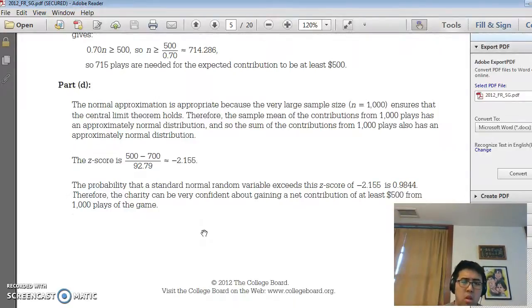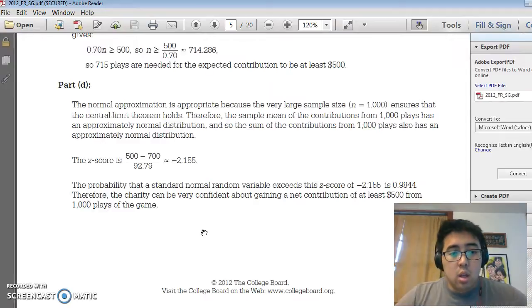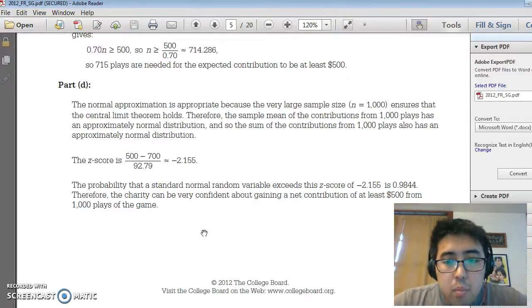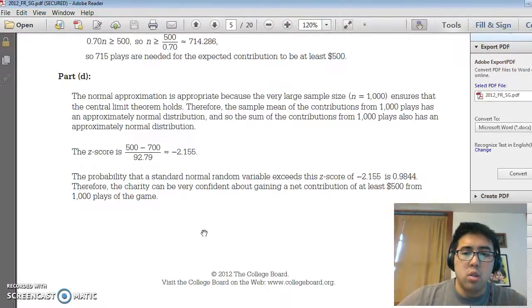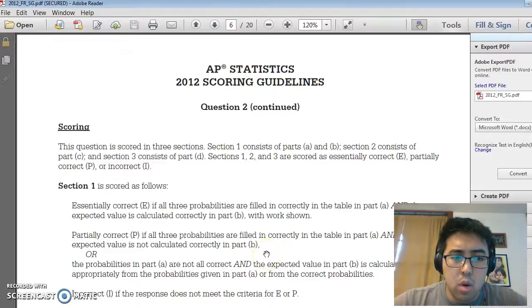Our probability is 0.9844. Okay, so shouldn't be that big of a deal. So yeah, anyway, sorry. I might have picked a question that required some knowledge that you don't have yet. But let's see if we have to justify. Let's see if I'm right. I'm pretty sure we don't need to.